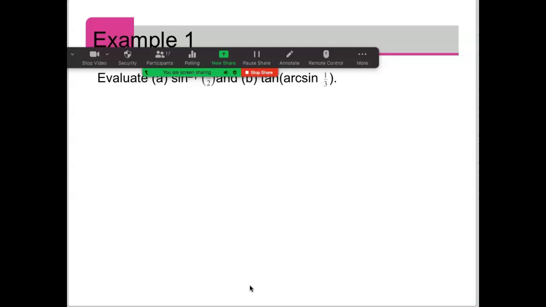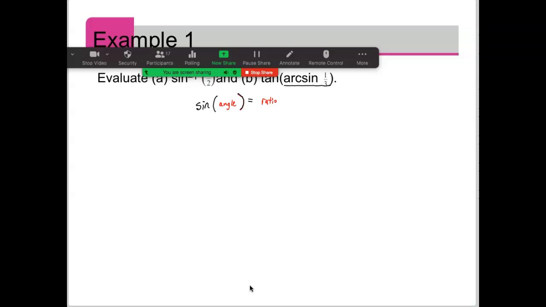The second one is tangent of arcsine of 1/3. Here's what you have to remember. For a regular trig function, you input an angle. So you do sine of some sort of an angle, and you get an output that is a ratio or a value, right?